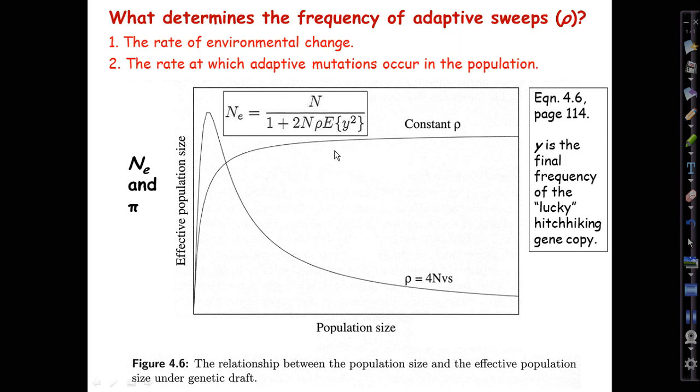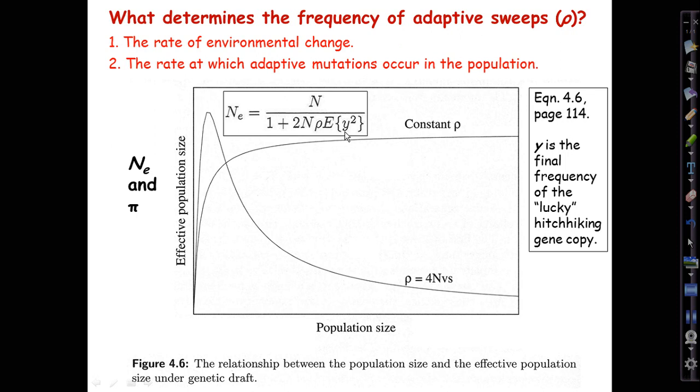And in the book, I won't drag you through it, he gives an argument in the chapter for this little model that predicts NE as a function of the actual population size and rho, this rate at which adaptive sweeps happen, which is a small number. Sweeps per generation are its natural units.